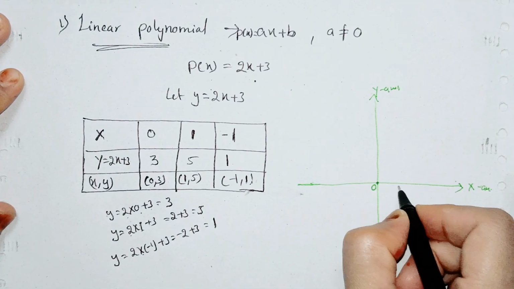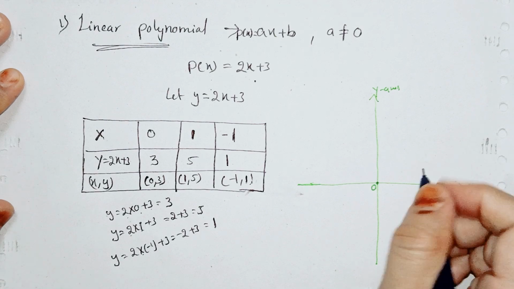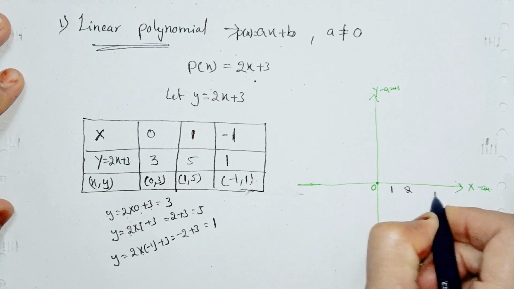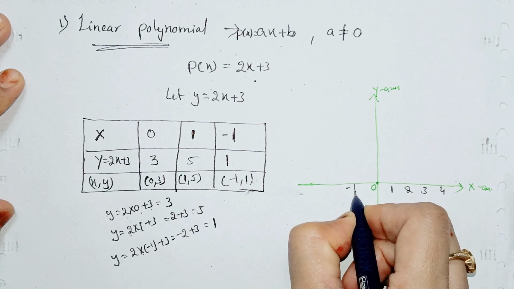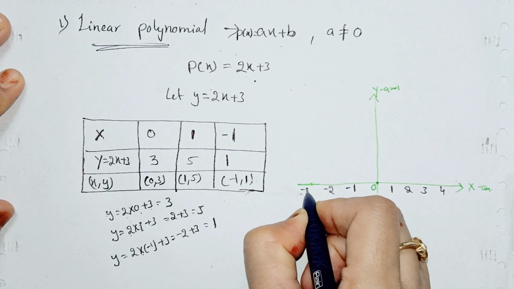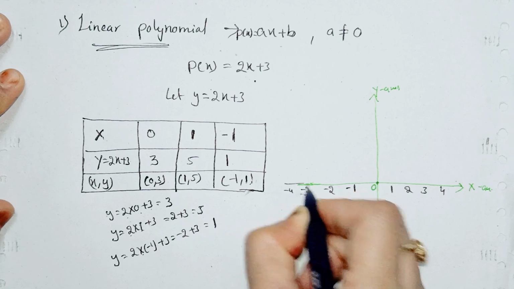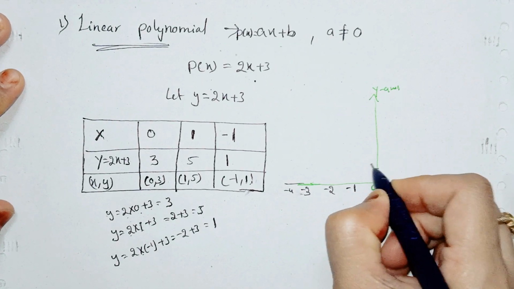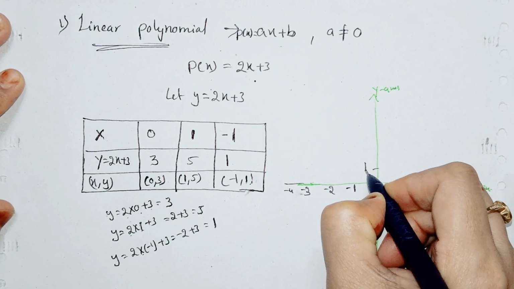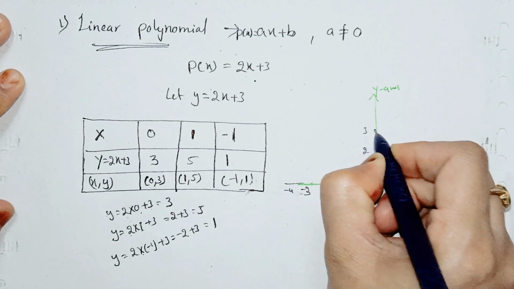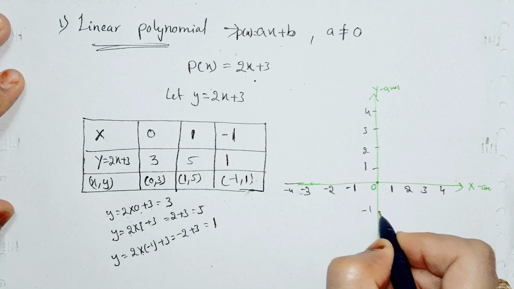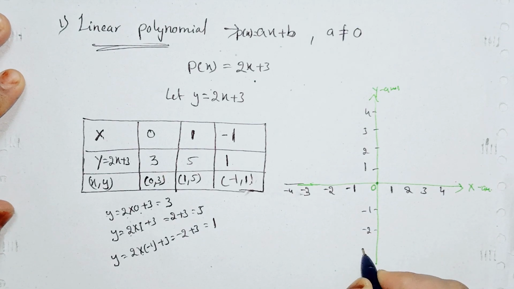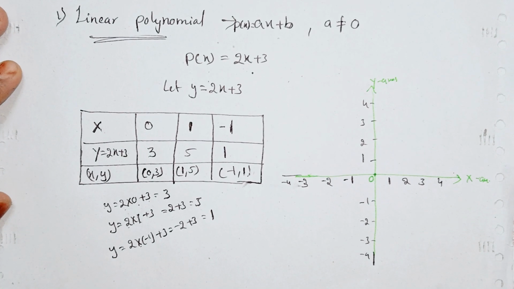Here the points will be 1, 2, 3, 4, and the negative points will be minus 1, minus 2, minus 3, minus 4. Here also positive values of y are 1, 2, 3, 4, and here negative values of y are minus 1, minus 2, minus 3, minus 4. So this is the graph.